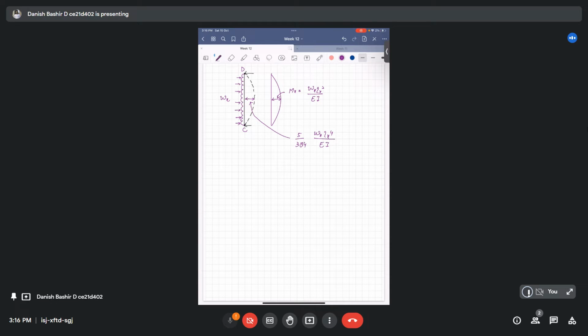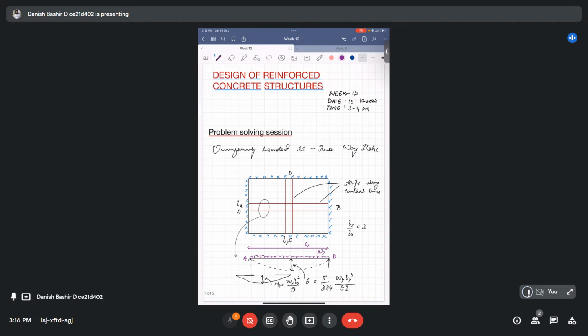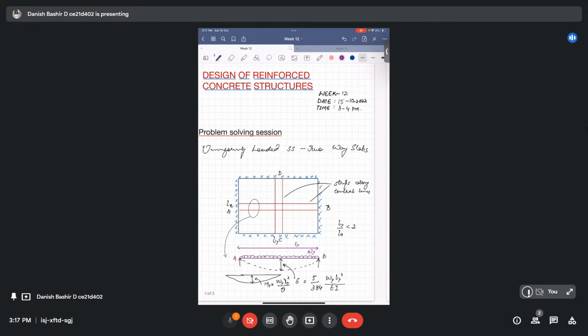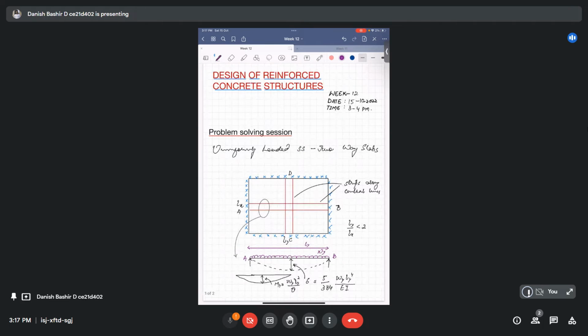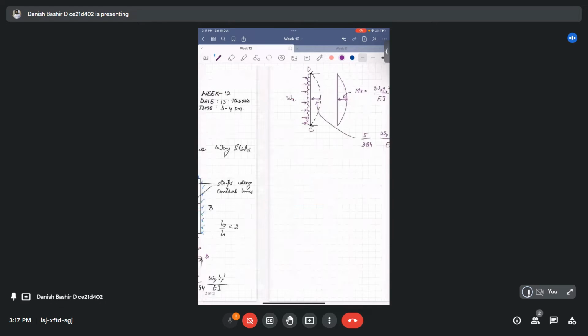Now we are seeing the maximum deflection at the center of this rectangular slab in two orthogonal directions, but we can see that one strip has a long span and the other has a short span. So in order to maintain the compatibility at the center of this rectangular slab, the deflections obtained in these two strips at the center point should be equal.